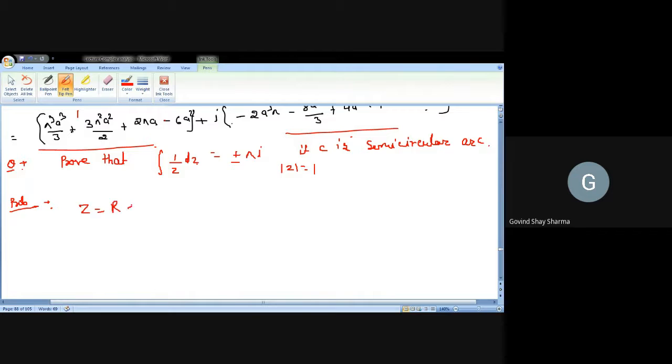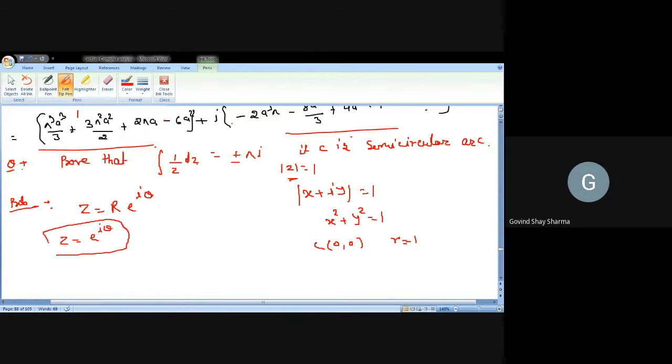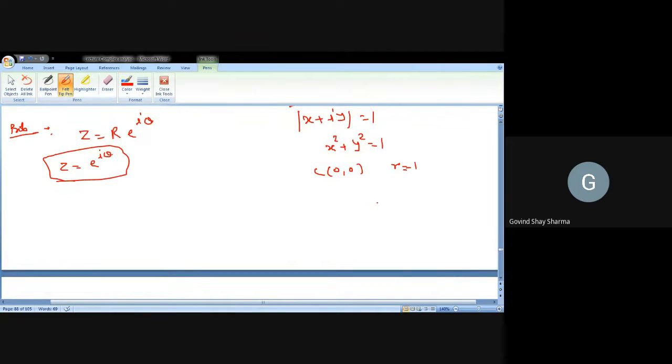Here x square plus y square is equal to 1, the center is 0 0, radius is 1. So we make a circle with radius 1.